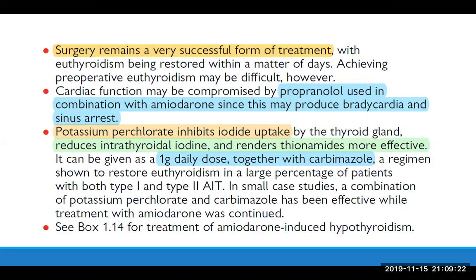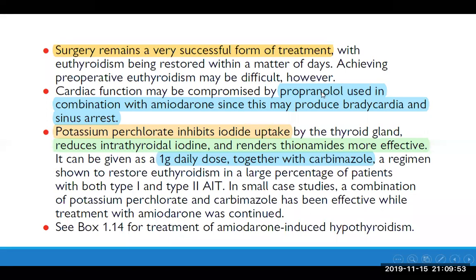And after rendering the patient euthyroid, you must refer your patient to definitive treatment either by the surgery, this is the most logical one, or radioactive iodine if applicable for your patient. In type 1, if you stop antithyroid drug, there is always a relapse. But in type 2 with corticosteroid, in most cases spontaneous remission can occur.